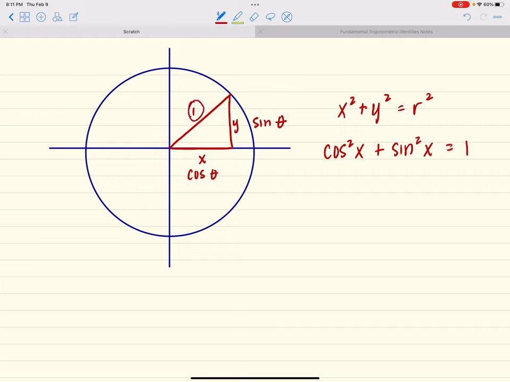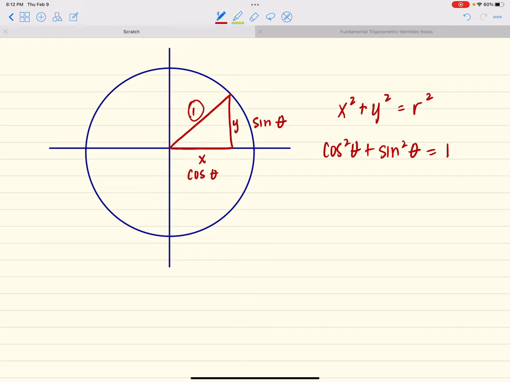It gets confusing with x's and y's, so let's call the angle theta: cosine squared theta plus sine squared theta is equal to our radius in general, r squared, but here 1. So cosine squared theta plus sine squared theta equals 1 comes directly from x squared plus y squared equals r squared. It's just the Pythagorean theorem, applied directly to our unit circle.